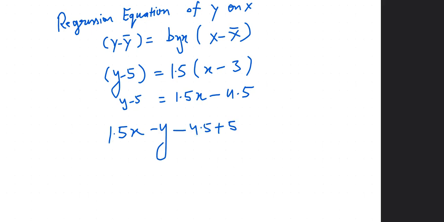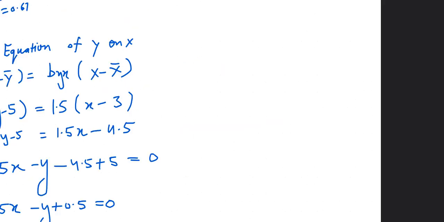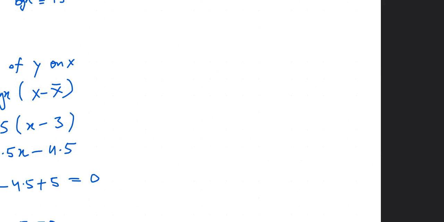Taking all terms on one side, 1.5x minus y minus 4.5 plus 5 is equal to 0, or 1.5x minus y plus 0.5 is equal to 0. So this is the required equation.